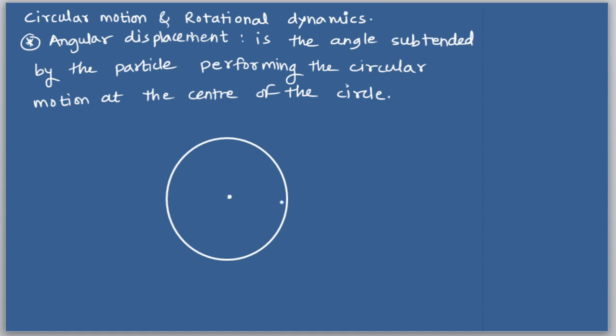Let's say initially the particle was here, and finally after a time interval t, which you may be calling delta t, the angle covered by the particle is theta. The angle subtended by this arc of the circle at the center will be called the angular displacement of the particle in the given time interval. That's a very simple thing.